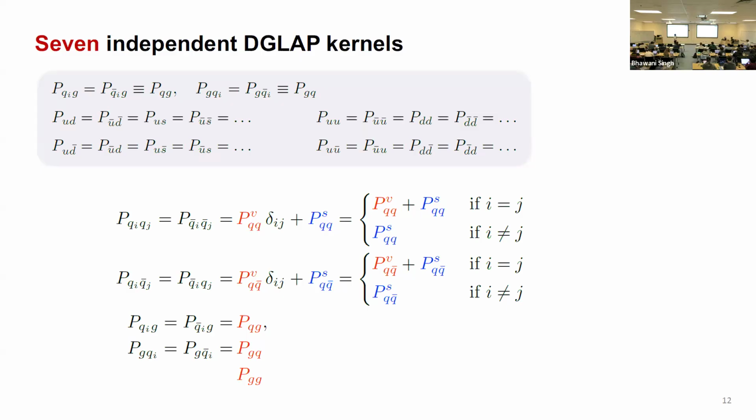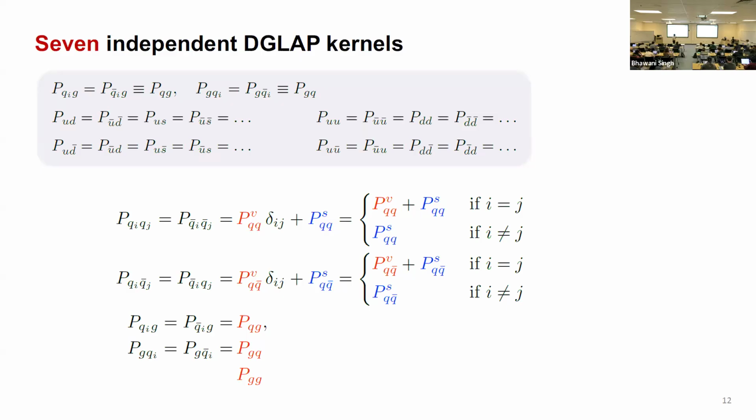And we have another one, which is there when these two quark flavors are the same. So the first term contains the delta function, and the second one does not care about the parton flavors. So that gives us two possibilities. If i equals j, we have PV plus PS. If they are not the same, we have PS. And a similar thing happens for the evolution from antiquark to quark or quark to antiquark. We have similarly two kernels, PV from Q to Q bar and PS from Q to Q bar.